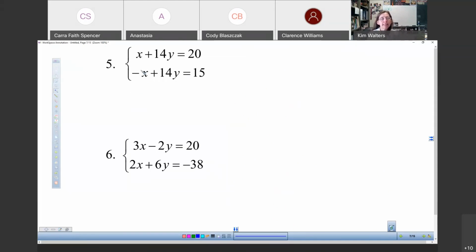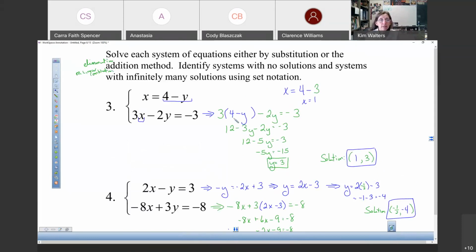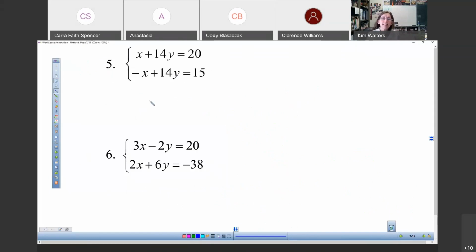Because what happens is with substitution, I'm solving for a variable so I can substitute it into the second equation. And notice, backtrack just a second, both of these equations that we solved only had one variable in them, and that was the point. So the purpose of addition or elimination is to be able to add my two equations together and get rid of a variable, okay?